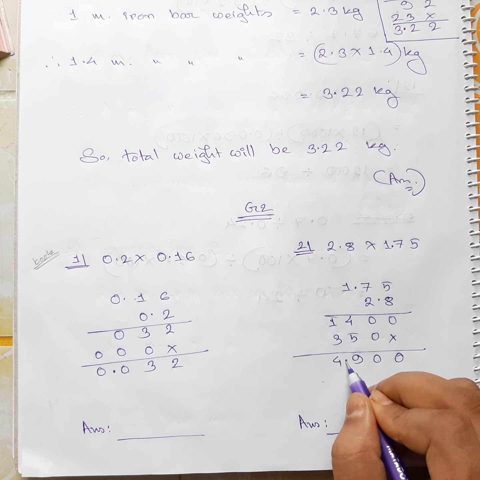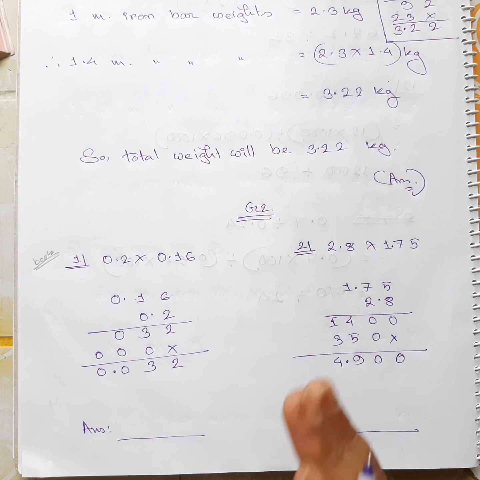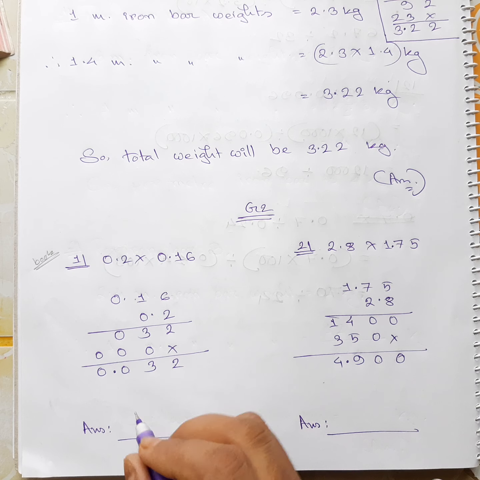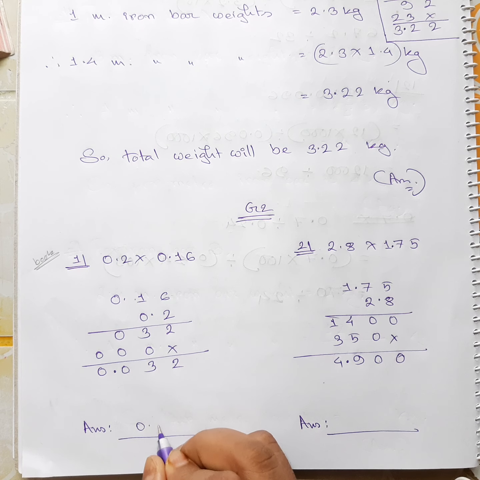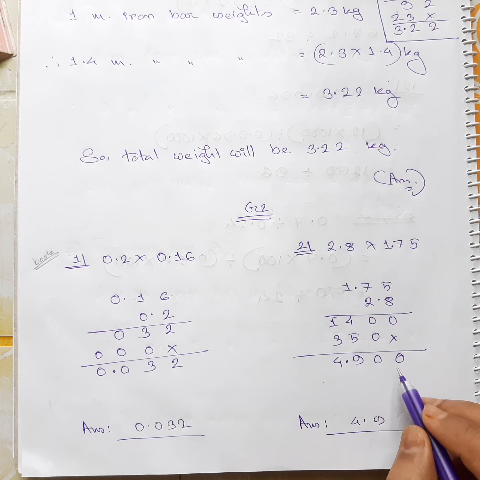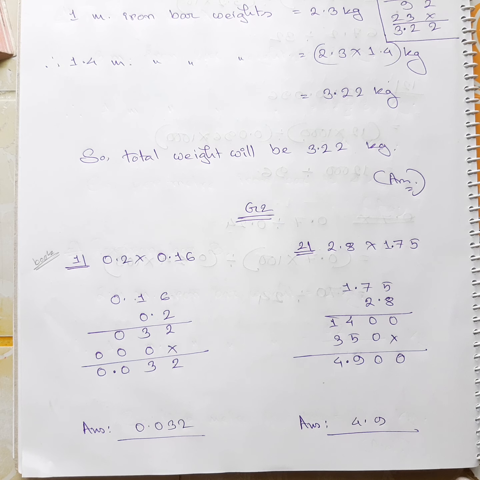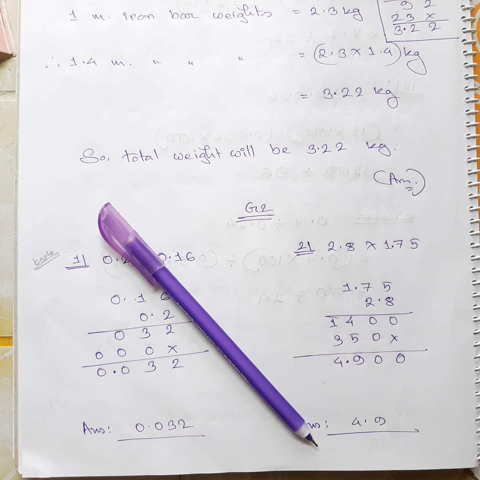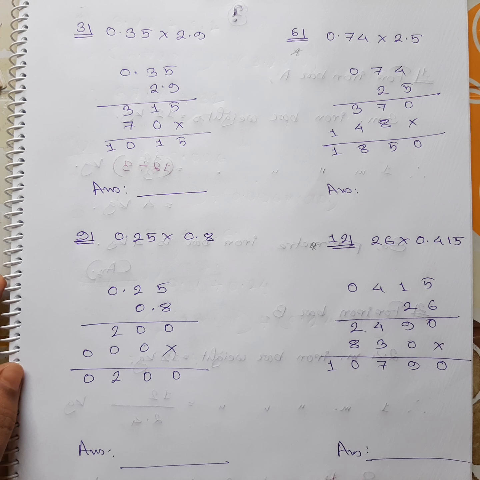So look at this, 4.9, exactly the answer as given in your book. Please write down the answer for yourself. 0.032 over here and 4.9. We are not going to write down the last two zeros as they are at the end of the decimal. Now let's go to the next page.